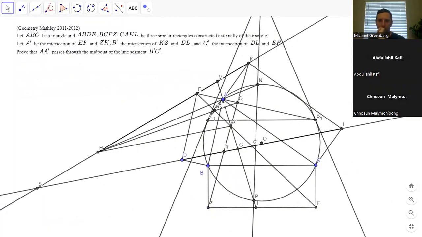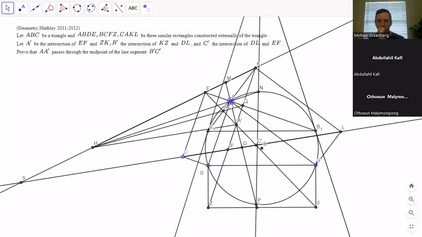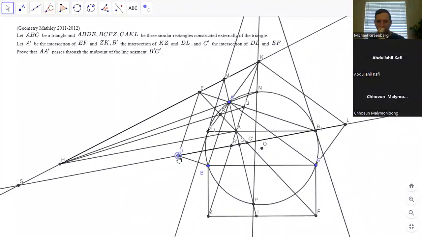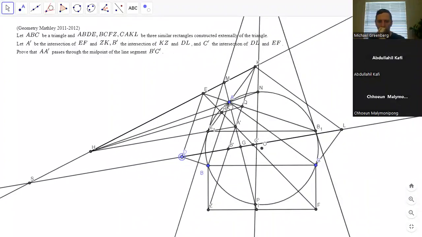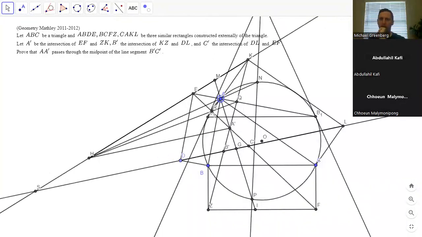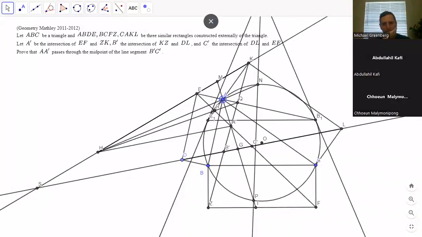If I move the diagram around, that's kind of messy, but let me just think about it.